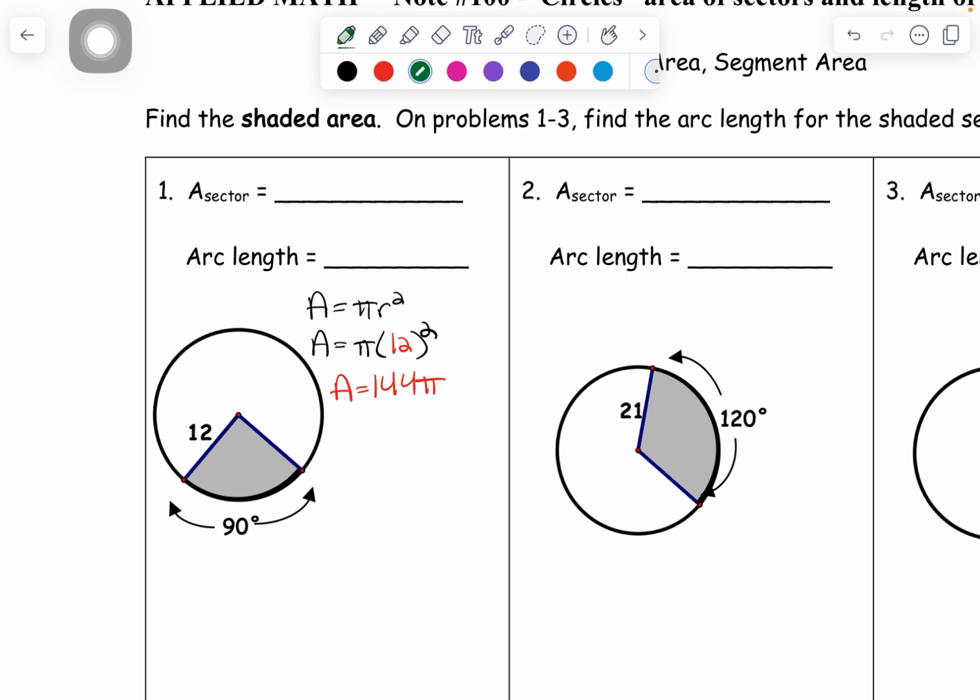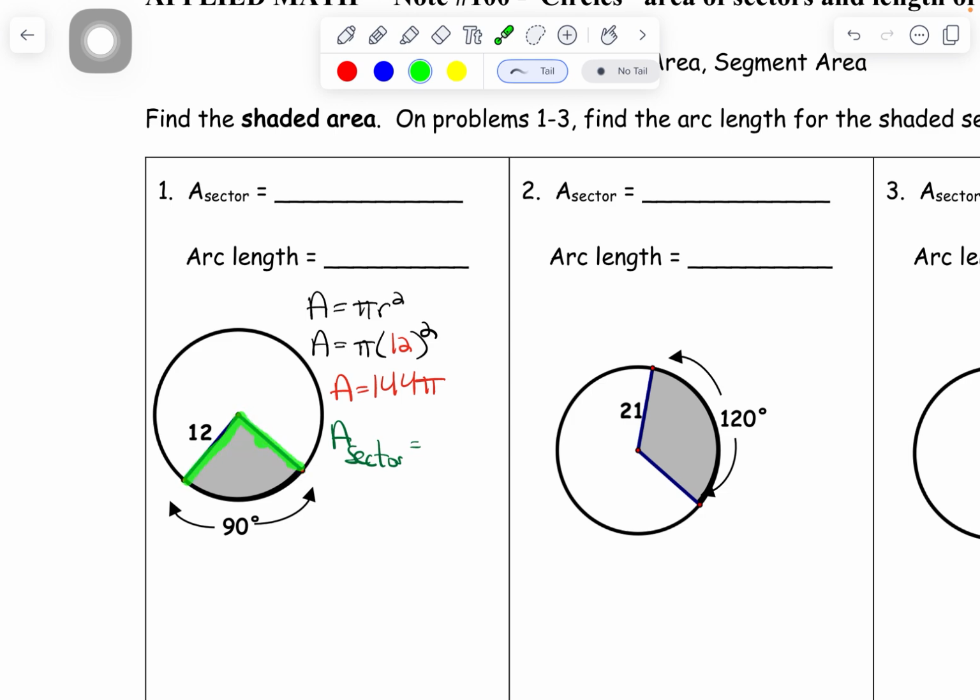As far as your sector goes, so area of the sector, what you're going to do is take the fraction of the circle, so some portion of the circle that we just want to focus on this part. Now, you might be thinking, well, what fraction are we talking about? And you're either going to have an arc measurement, which in this case is 90 degrees, or you would have a central angle measurement.